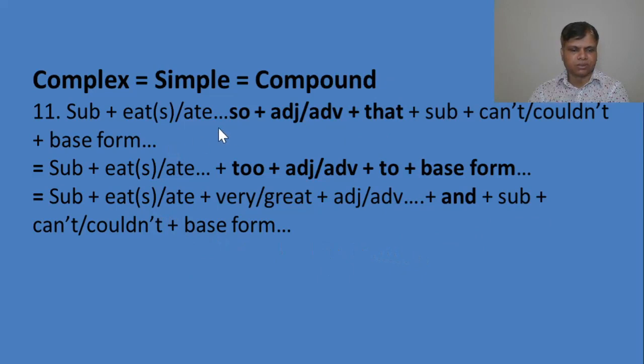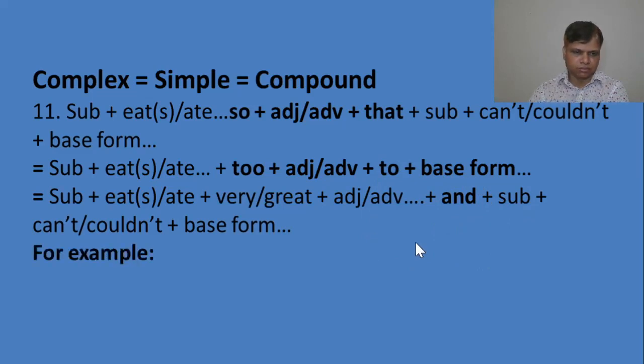So look at the structure of the compound sentence. We use first the independent clause, then we use the dependent clause, and the two clauses are joined by and, a coordinating conjunction.